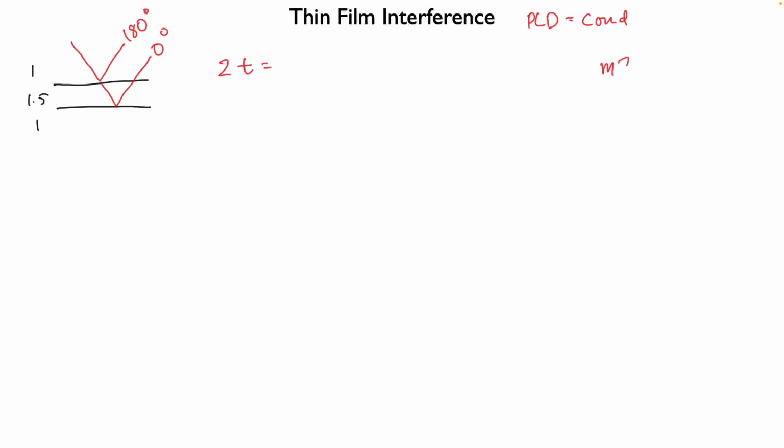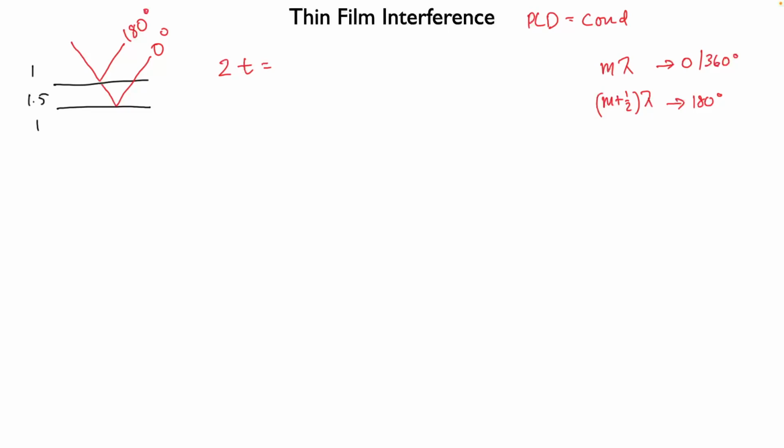So m lambda and m plus a half lambda refer to these different shifts, okay? This one is 0 or 360 degrees. This one is 180 degrees out of phase, okay?